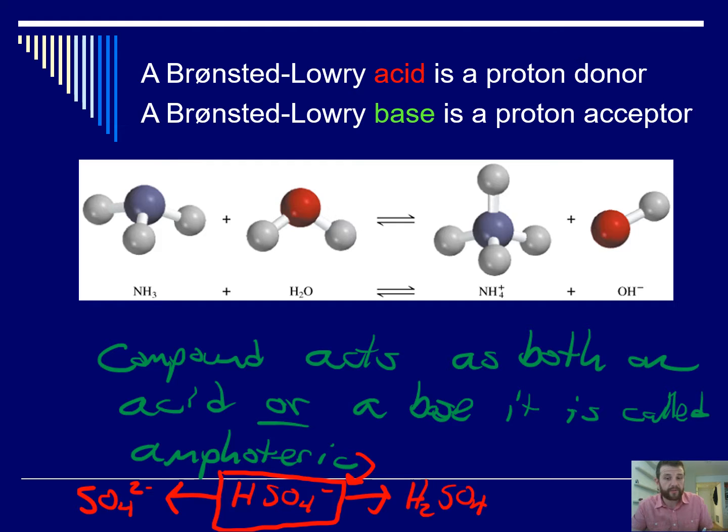So this would be something like HSO4 minus, where since it does have this negative charge, it can accept a hydrogen and become H2SO4. So in that case, it's acting as a base, or it can lose that hydrogen that it has and become SO4 2 minus, where now since it donated that hydrogen, now it's acting as an acid. So this species, this HSO4 minus, we would call amphoteric. It is an amphoteric species.